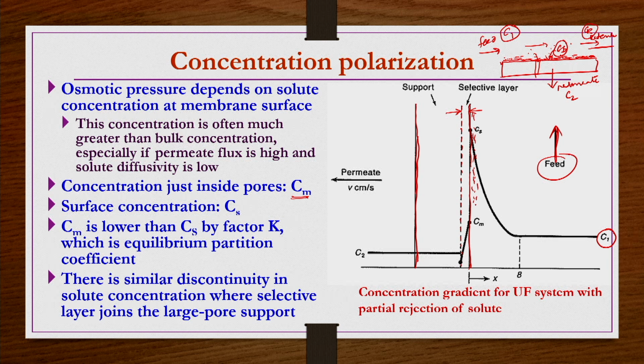Because of that, the concentration of the solute on the surface is going to be much higher compared to the bulk concentration of the feed, because till this point there is no separation or concentration change. But the feed solute concentration on the selective layer surface is very much higher because of this gel formation, or concentration polarization.